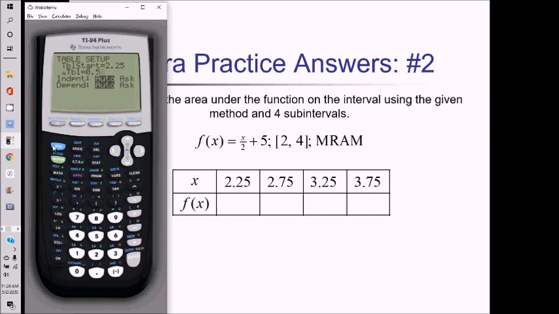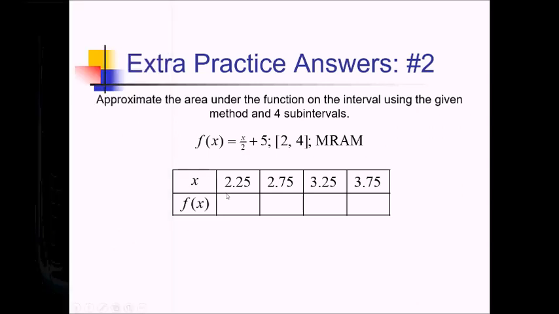Now let me go second graph to get the table. So here are my y values that go with these. We have 6.125, 6.375, 6.625, and 6.875.